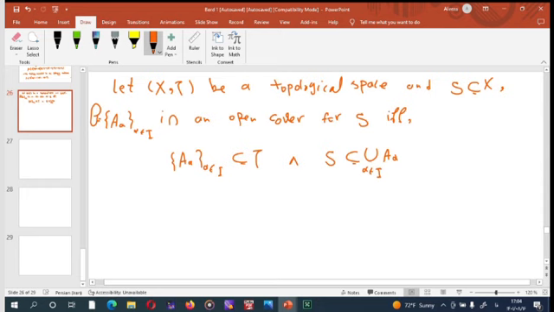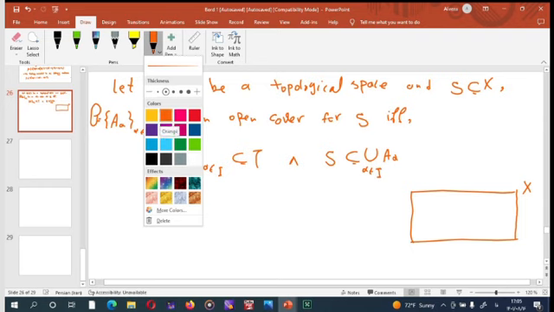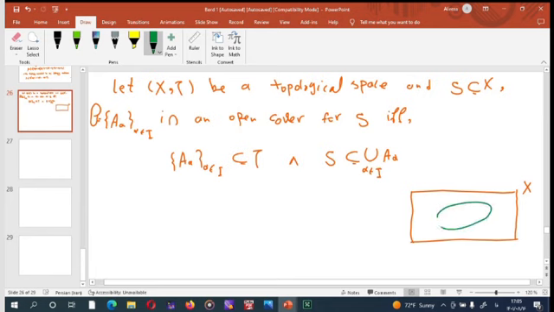Because if we consider, for example, this as our set X, and suppose that this is our subset of X such as S, then we say that this set is a cover for S whenever the union of these sets contains S. These are our sets such as A alpha.